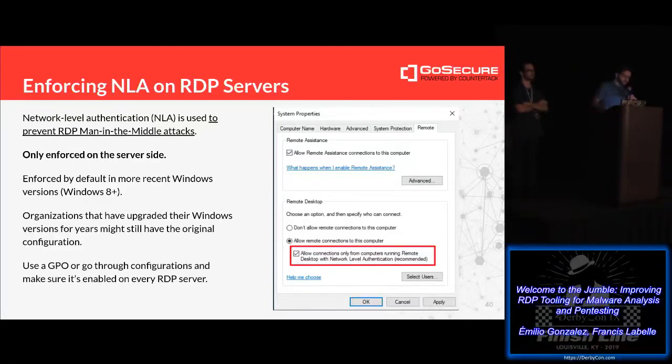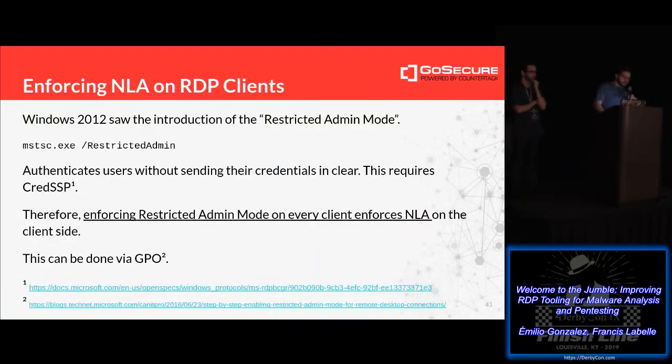However, we found many companies that still didn't enforce NLA because for some reason, either they unchecked the box or the original configuration stayed over the years. To enable it on every server, you can just use a GPO to check this on every client and on every server and make sure that every server uses NLA.